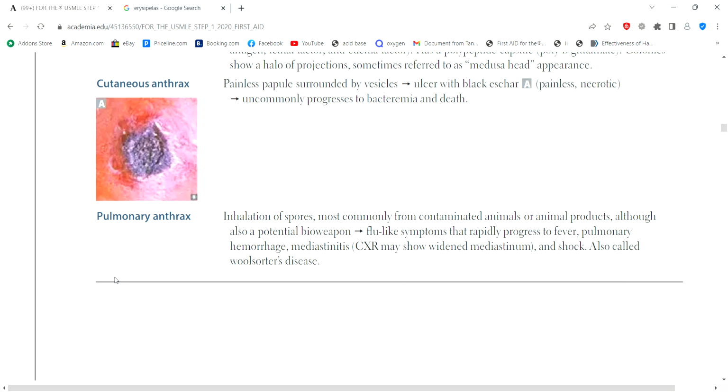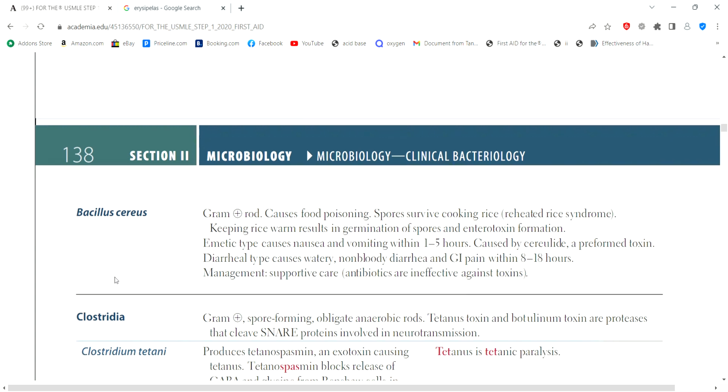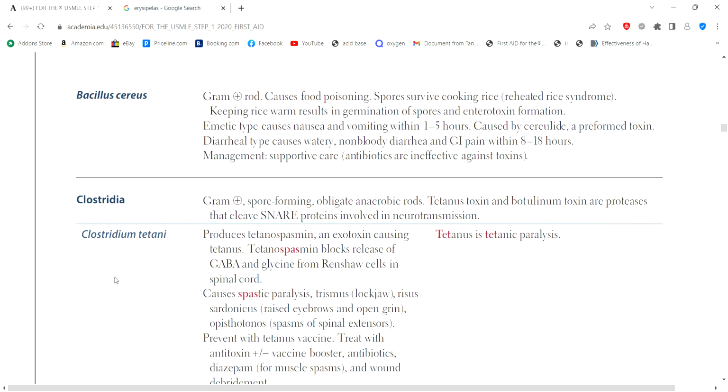So anthrax bacilli spores are on infected wool from sheep, and these spores can be inhaled, which gives us growth of anthrax bacilli in the lungs, which gives us pulmonary anthrax, and this is fatal. All right, sheep are cute, but infected sheep can kill you. All right, now we have Bacillus cereus.